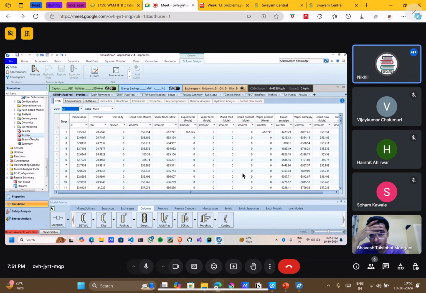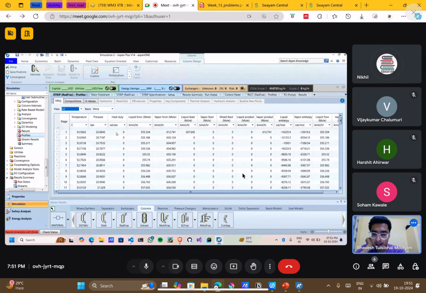So for each stage we have liquid and vapor mole flow, feed, heat duty, liquid. We have liquid flow, vapor flow. Can you scroll it down? I just want to see the overall values of liquid and vapor flow.